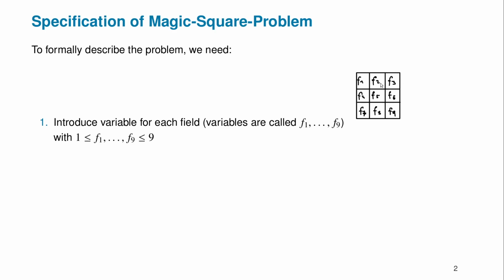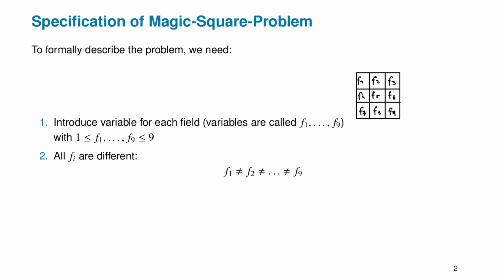We have therefore 9 variables, and in this small picture I showed how I assign the names to the fields. So we have here in the left upper corner F1, then we have F2, F3, and so on. And what is also important is that these variables may only take values between 1 and 9.